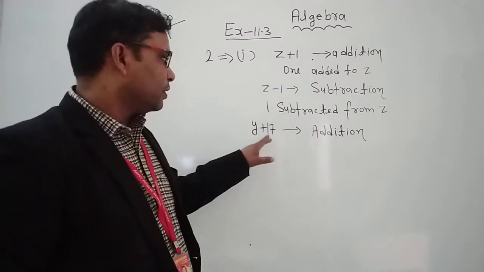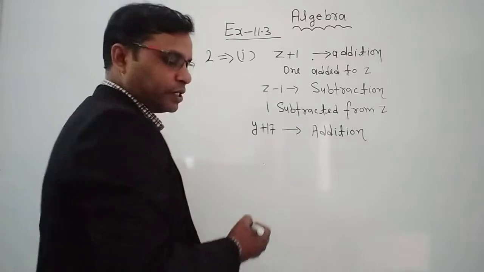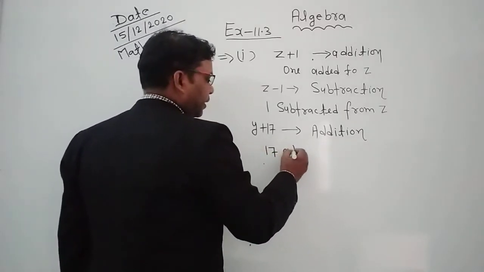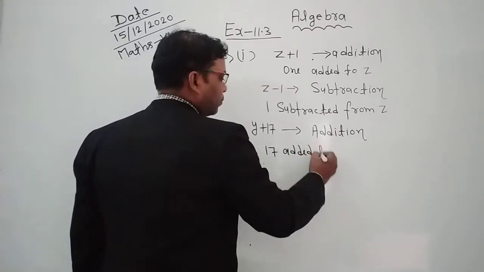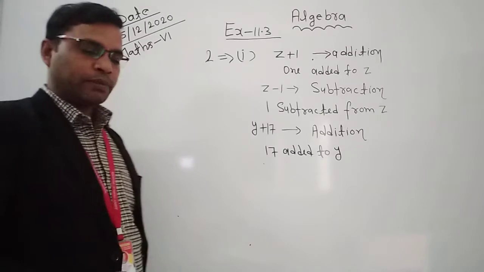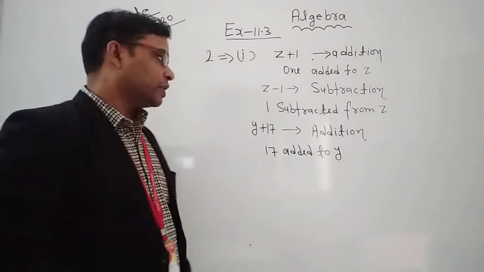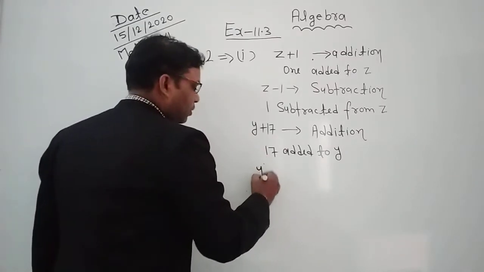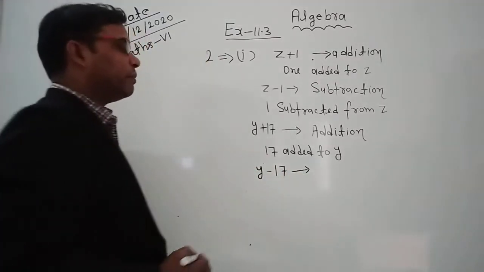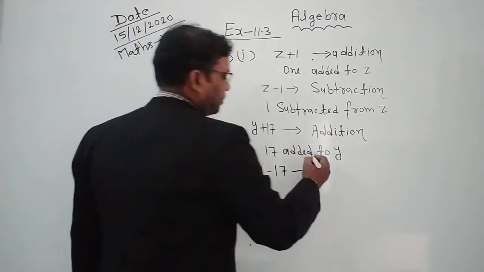Here you can say 17 added to y. You write: 17 added to y. This is clear. The next part of the first part of question number 2 is y minus 17. So which operation is used here? Obviously you can say subtraction. Subtraction is used here.